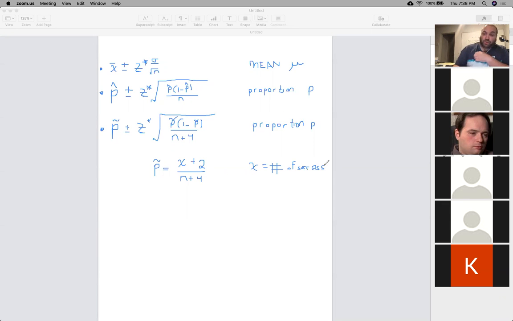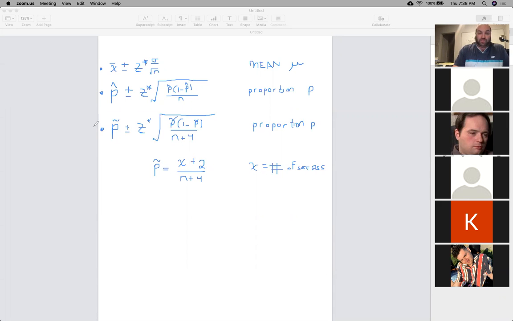If he shot 40 for 41, what is X? Hello? 40, right? 40 successes. What is N? 41, right? So P tilde adds 2 to the number of successes and adds 4 to the number of trials.